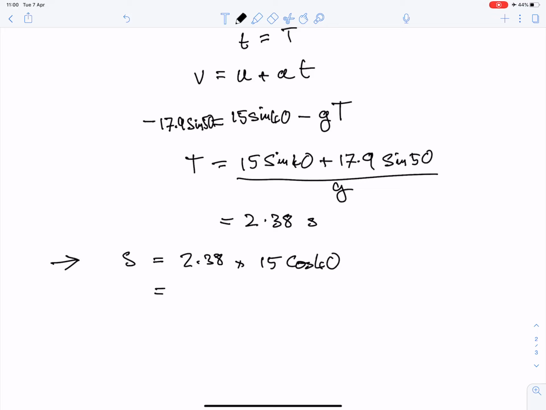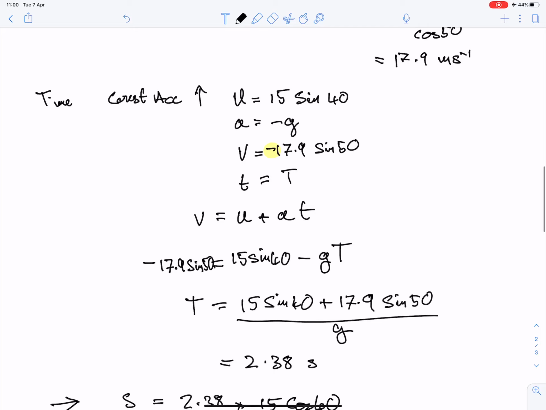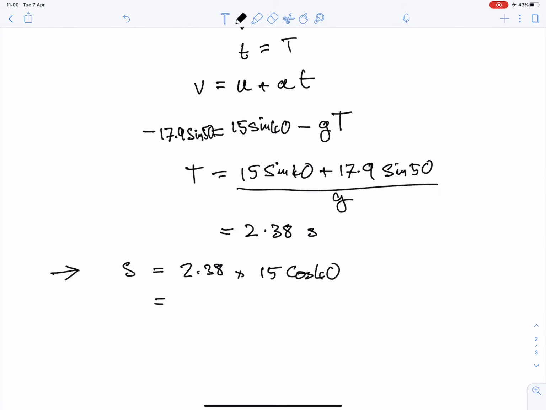So that comes out to be 42. That doesn't look right to me. That's going to be 30 cos of 40. It's going to be about 30. You'll need to check that on a calculator. Yeah, so just check that, but it's about 30 metres.